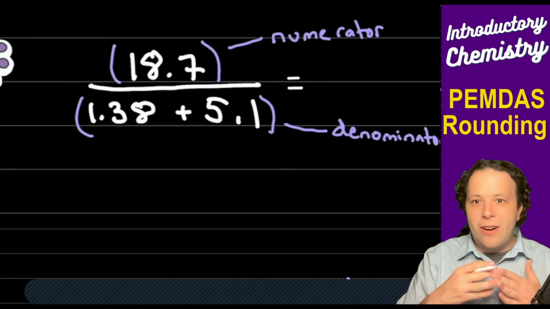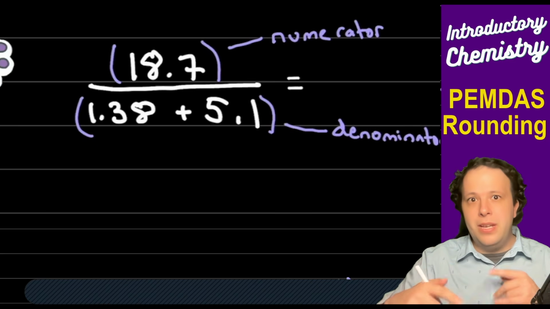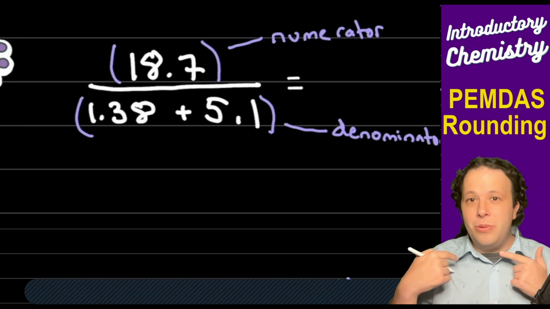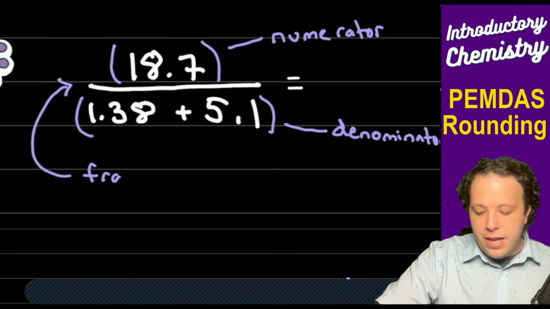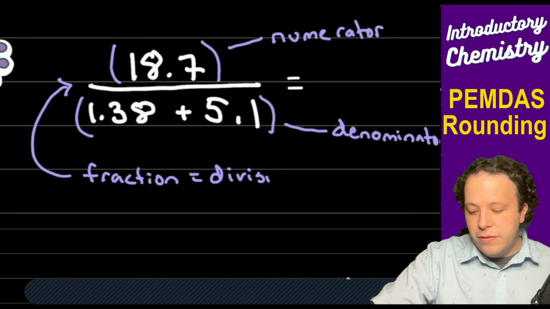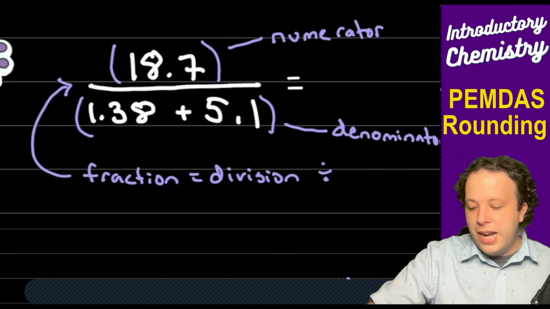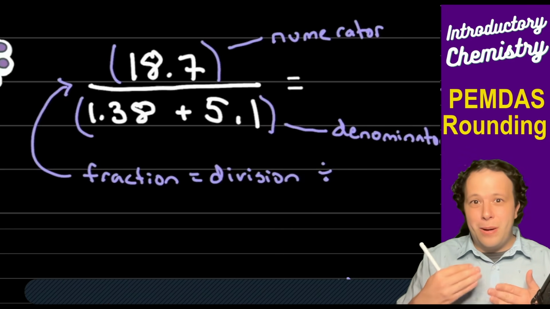That means you carry out the operations on top and the operations on bottom before proceeding to do the fraction. Because whenever you have a fraction, that represents a division. Okay, so you're dividing and you're going to carry that out like normal. However, we need to make sure we do the other operations first.